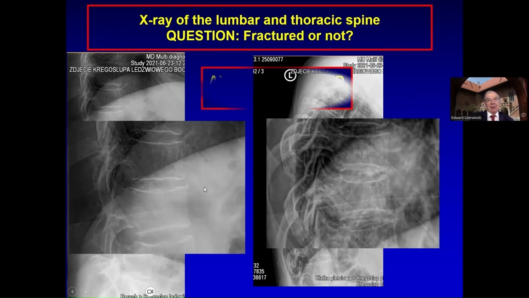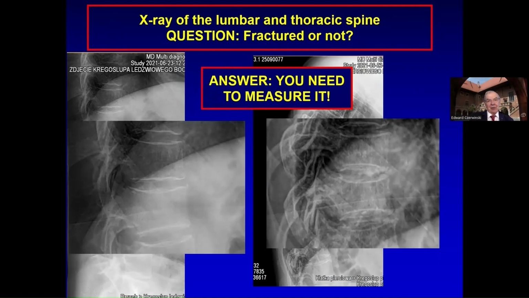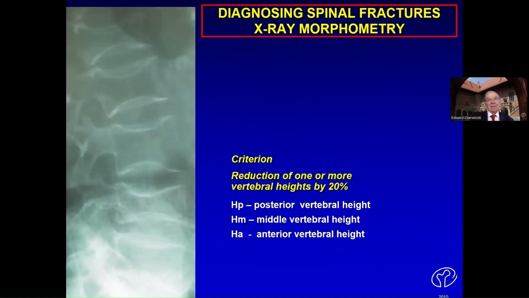And we have a definition of the spinal fracture, how we do it. There is always the question whether this is a deformity or a fracture. The straightforward answer is that a reduction of vertebral height by 20% means a fracture.